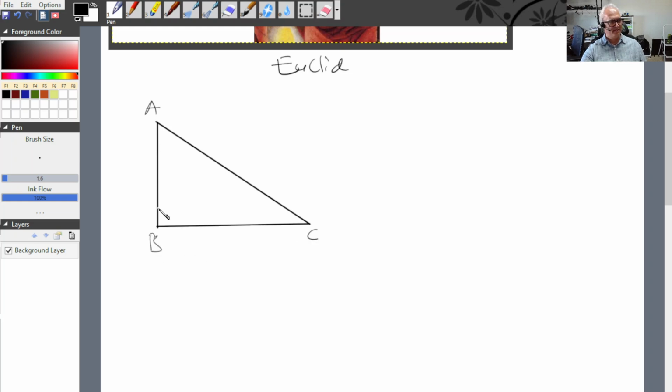This is the right angle. So Pythagorean theorem is that the relationship of hypotenuse with the adjacent perpendicular and base is AC square is equal to AB square plus BC square. So there are many proofs of this.